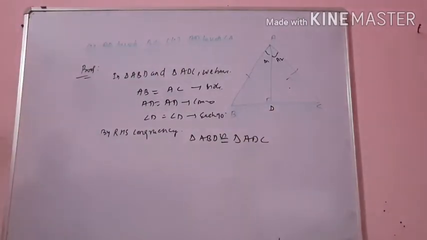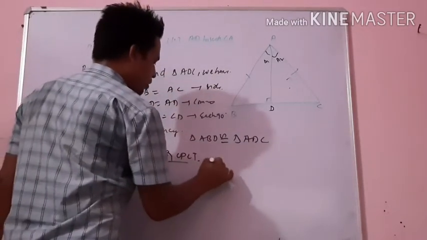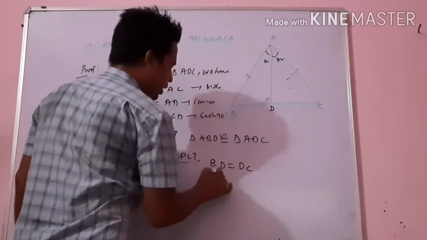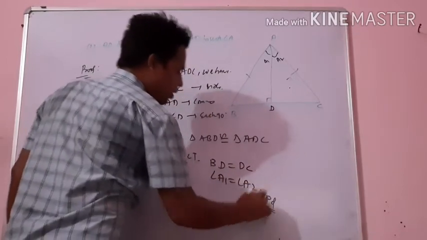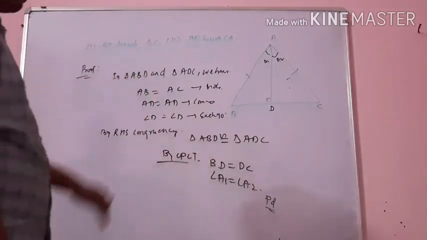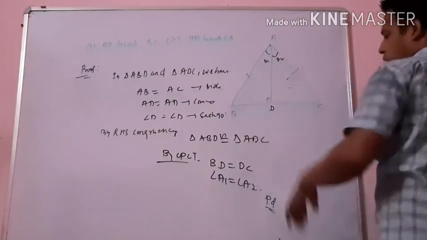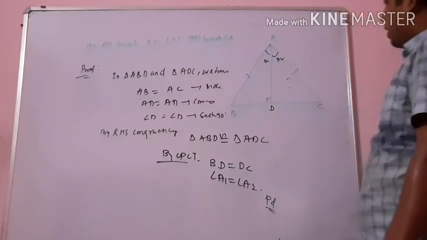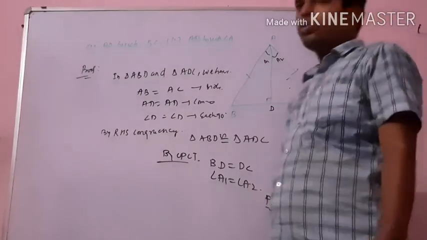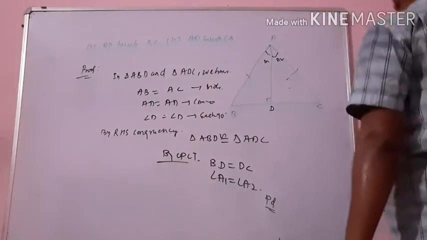Triangle ABD congruent to triangle ADC, by CPCT, BD equals DC and angle A1 equals A2. We have proved part 1 and part 2. Angle A1 is BAD. So when angle A1 equals A2, it means angle A is divided into two equal parts, which means AD bisects angle A.